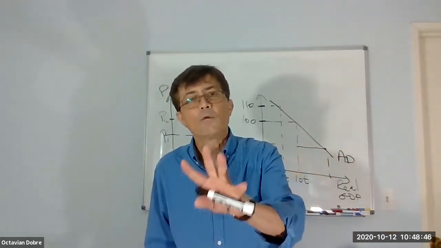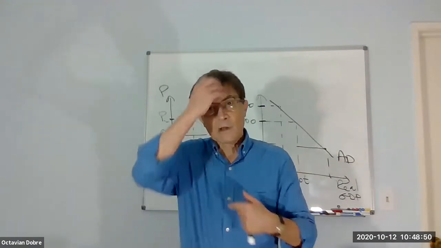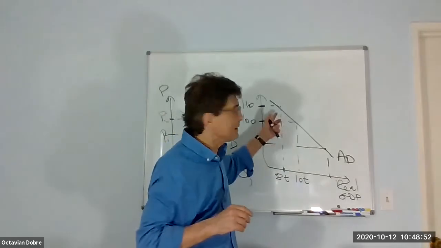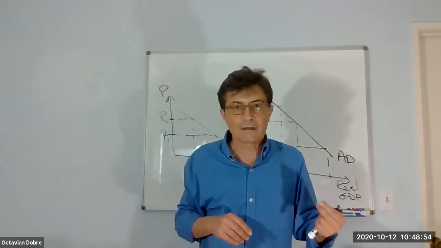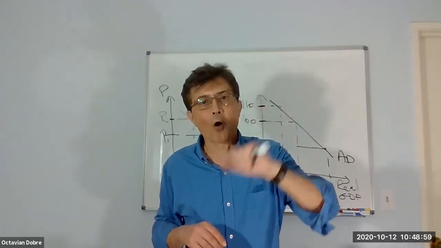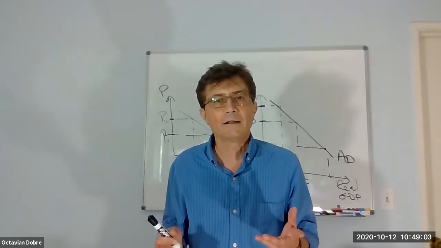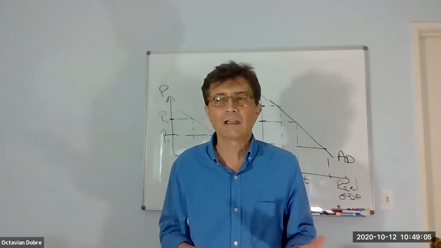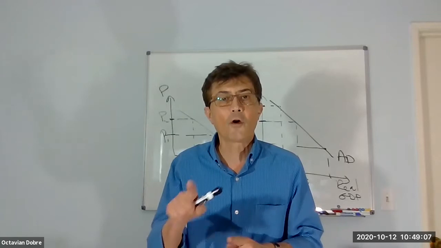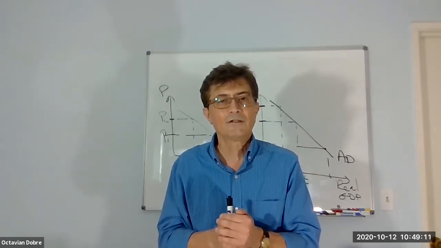Can you tell me which one between the substitution effect and the income effect? When we talk about the demand for all goods and services, if the prices of all goods and services goes up, which one will no longer be valid? Is it the substitution or the income effect? No longer valid. Just a guess. Income.